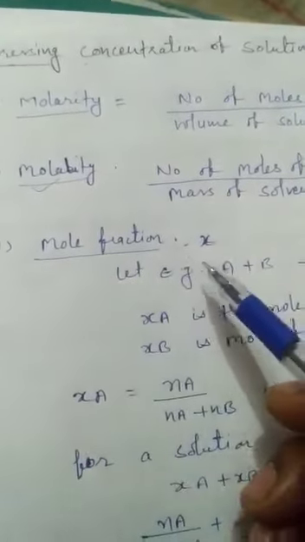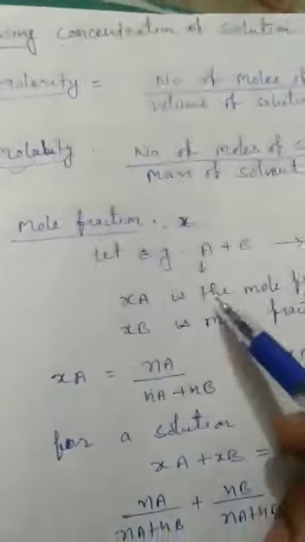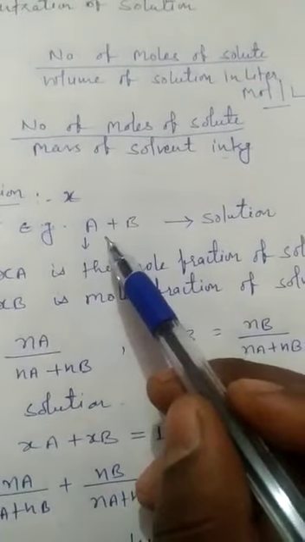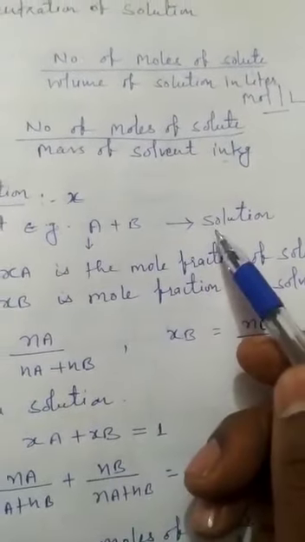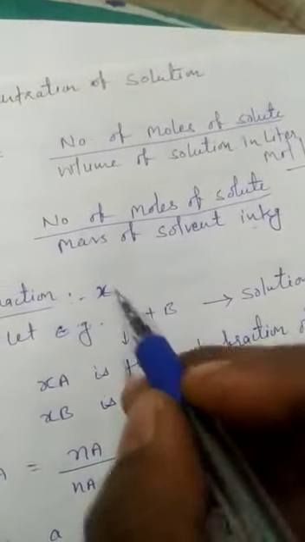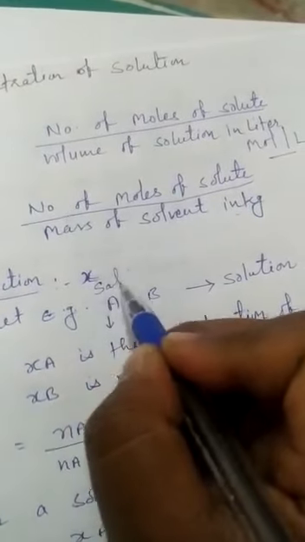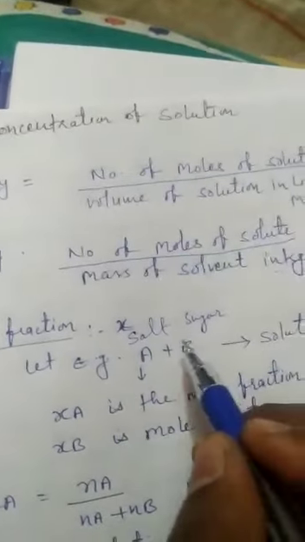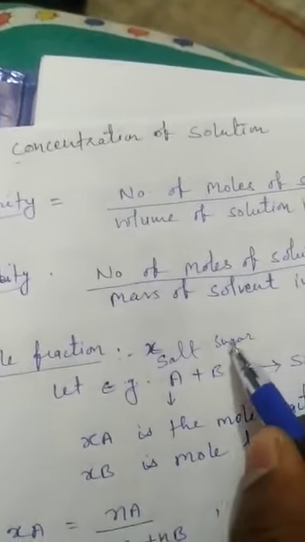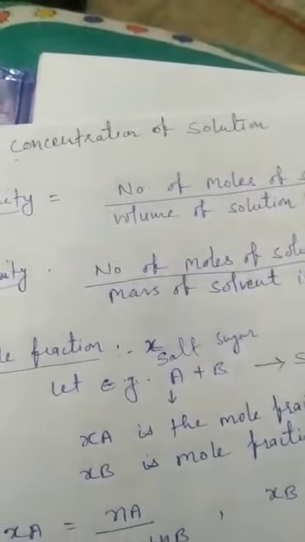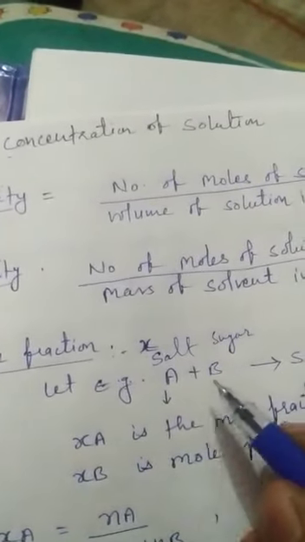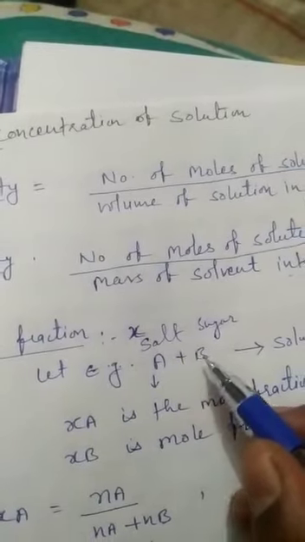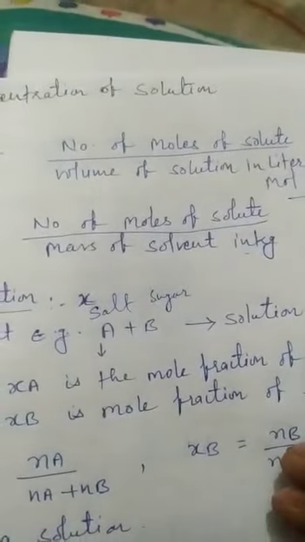Okay, now come to the point, mole fraction. Mole fraction is represented by X. Suppose we have a binary solution, A plus B equals solution. Suppose you take the example, this is salt and this is sugar. A homogeneous mixture of salt and sugar is also a type of solution.